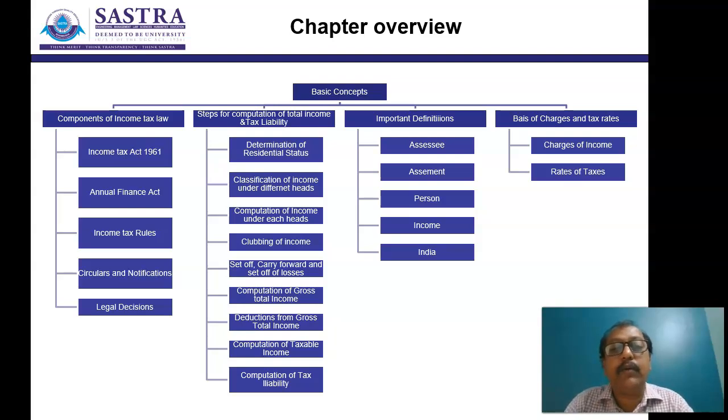The second part is going to be the steps for computation of income tax liability. Okay, for an individual, for a person, how income taxes are going to be computed. So you are going to talk about the computation part of your income tax, total income, and then we will be talking about some of the basic definitions we should understand when it comes to income tax as a subject.